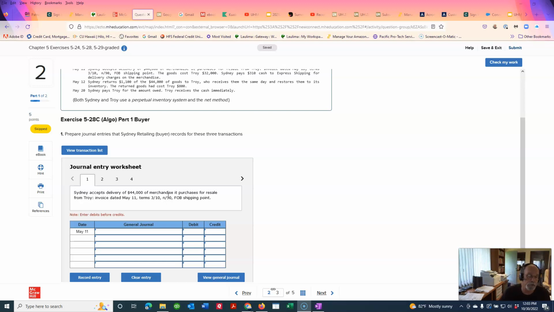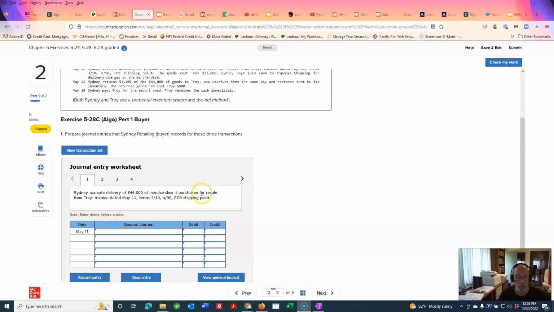And FOB, free on board shipping point, refers to at what point title passes. So if the goods are purchased free on board shipping point, then the buyer is assuming ownership from the point of shipment, which is generally going to be the seller's dock or warehouse.